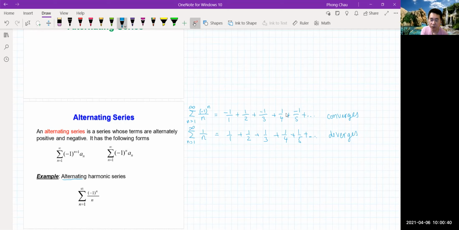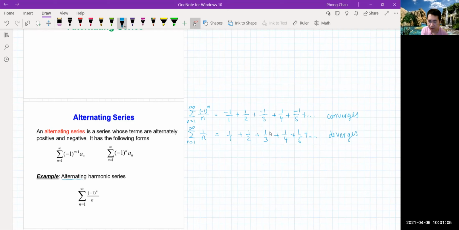If you have an alternating series where, if you ignore the negative side and make it positive, you see the terms are decreasing: 1/2, 1/3, 1/4, 1/5, it's decreasing.